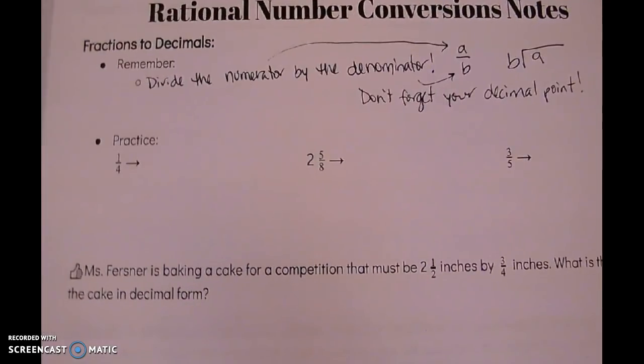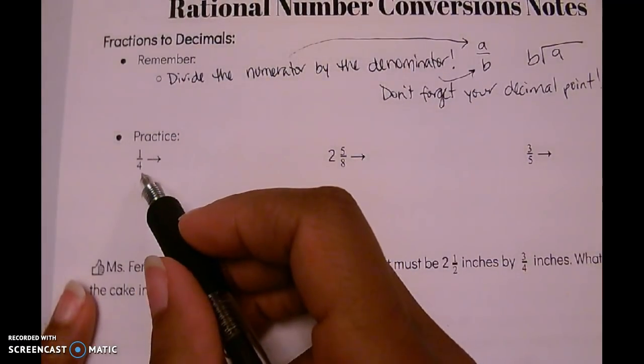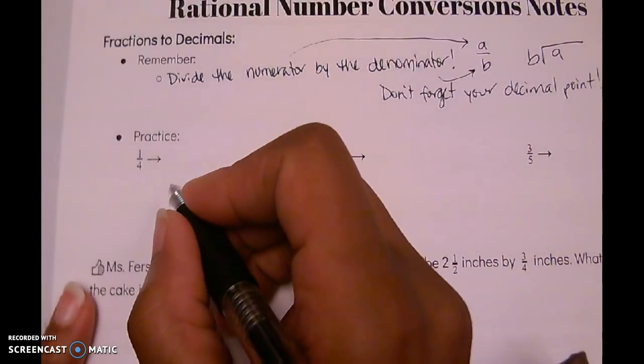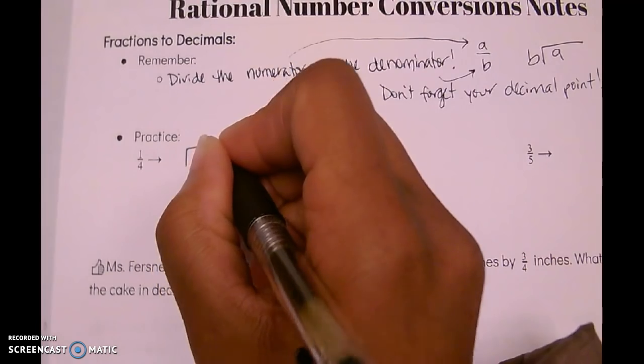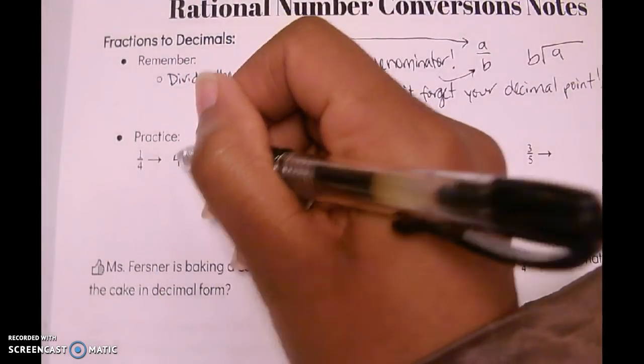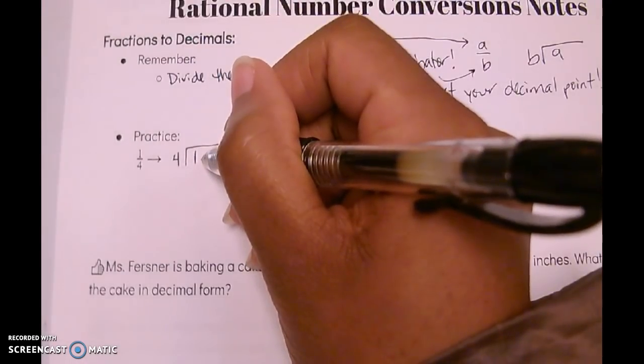Okay, let's look at some examples now. For this first fraction, I have 1 over 4, 1/4, okay? I would set this up 1 divided by 4. And then I would go ahead and divide out.